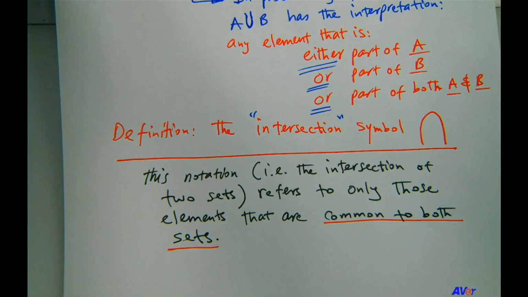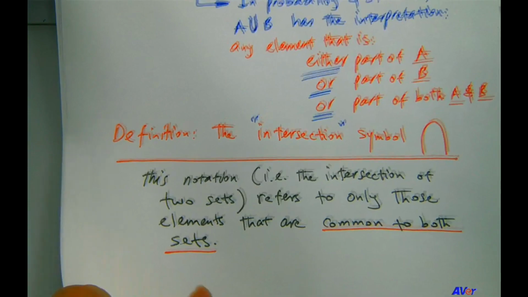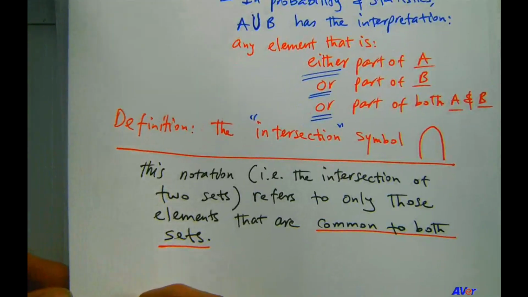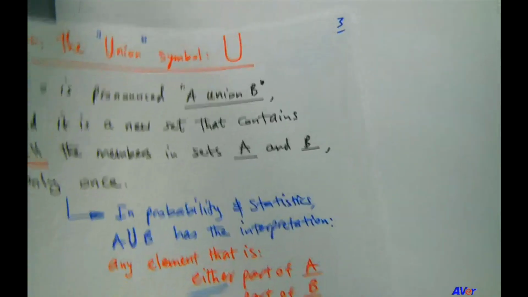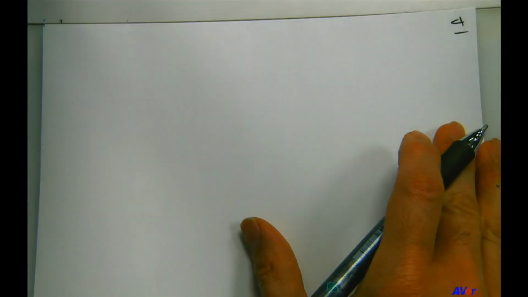Okay, so after having talked about these definitions, we have more definitions coming up, but let's give a brief example for this union and intersection before we see other definitions. So suppose we have these two sets.